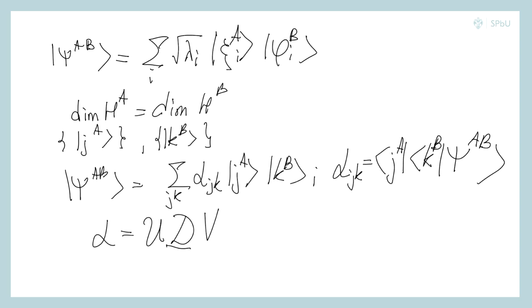Here D is a diagonal matrix with non-negative elements, and U and V are certain unitary matrices for change of basis.